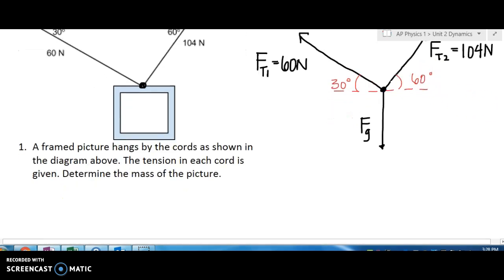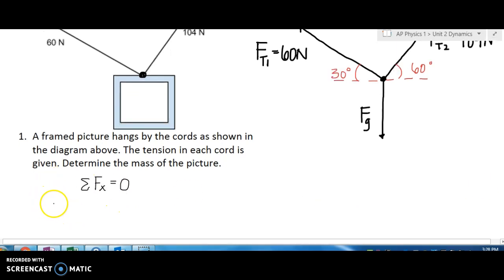Now, if the system is in equilibrium, then I should be able to sum up the forces in the x direction and set them equal to 0. So in the x direction, there's a 104 cosine 60 degrees minus a 60 cosine 30 degrees, and that's it.